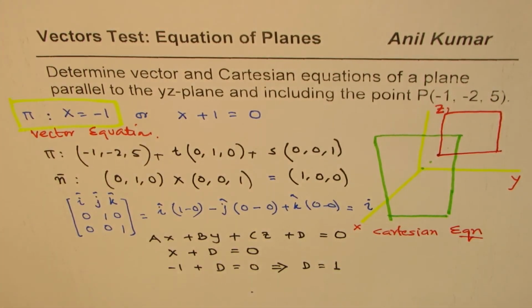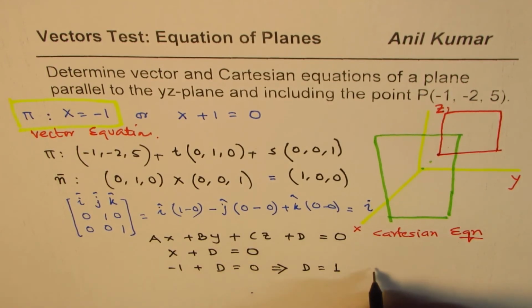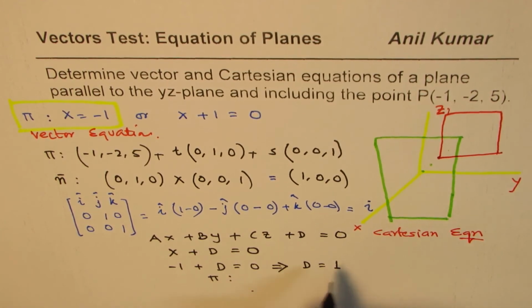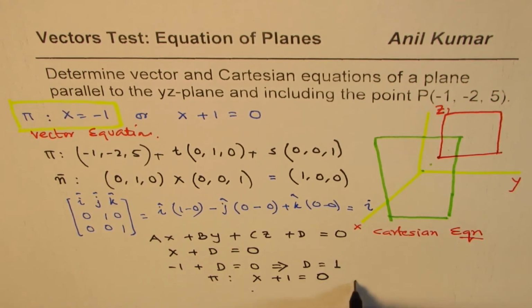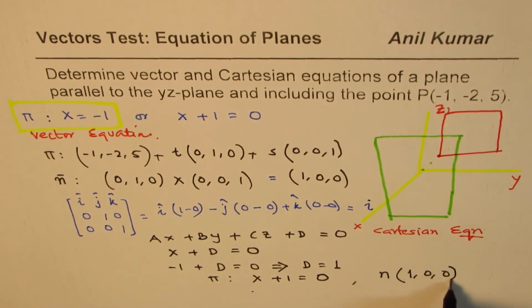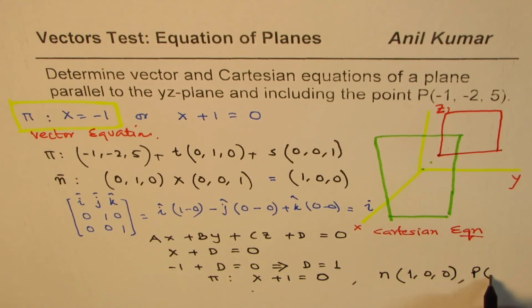As soon as we do this, we get the equation. Now we can write that the plane, if d is 1, and B, C are zeros, will be x plus 1 equals to 0, since the normal is 1, 0, 0 for us, with point P as -1, -2, 5.